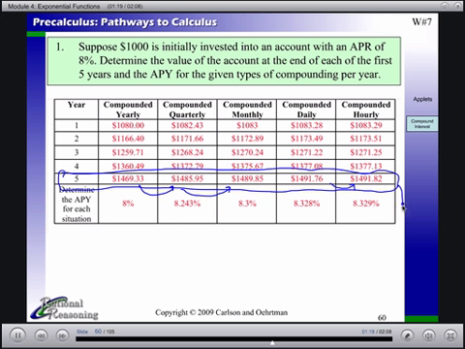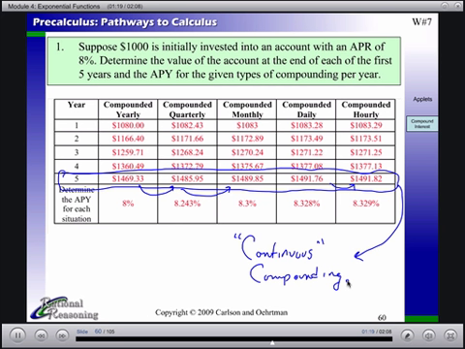So where this is heading towards is what's called continuous compounding. It's a theoretical idea where we're compounding every single moment.